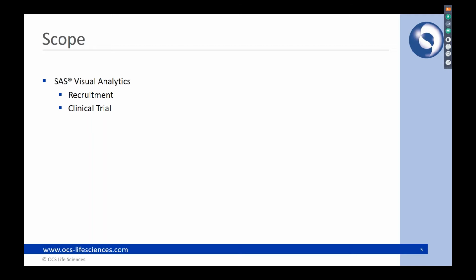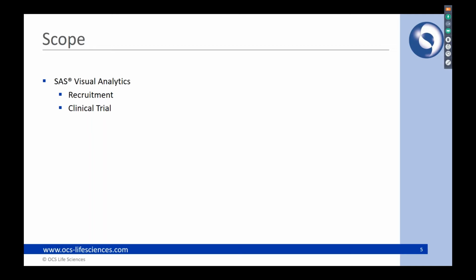So the demo of today consists of two parts, actually. The first part visualizes the recruitment of a study, and the second part visualizes clinical trial data. And then we'll be visualizing several domains, for example, some demographics, some adverse events, and laboratory data.